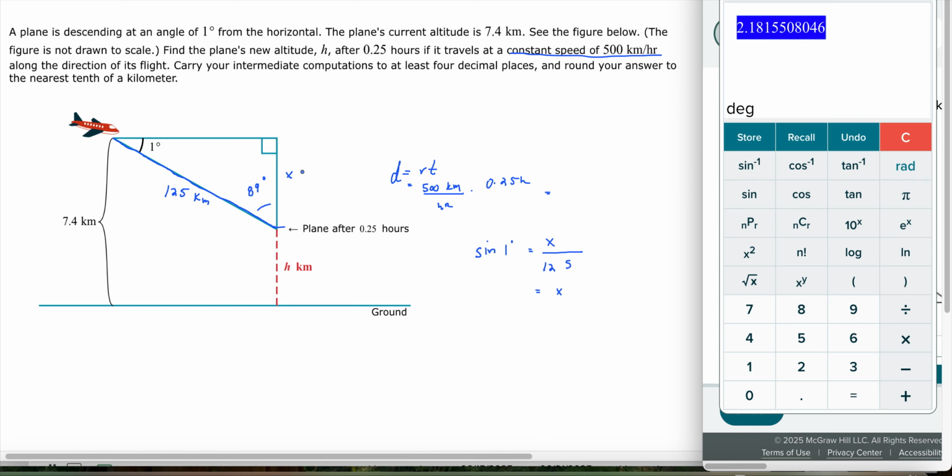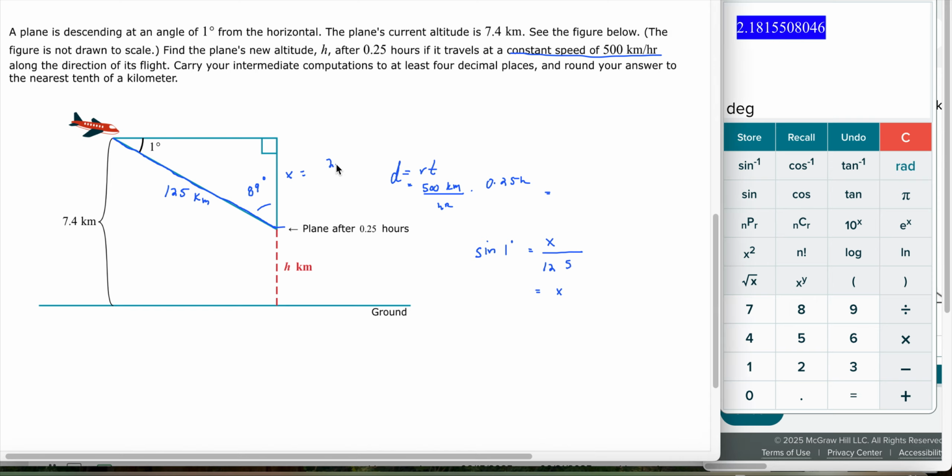That gives me an x value of 2.1816, we'll round. Now I can subtract 2.1816 from 7.4. If I know this whole distance right here is 7.4, and we subtract 2.1816, then I will know this length right here.